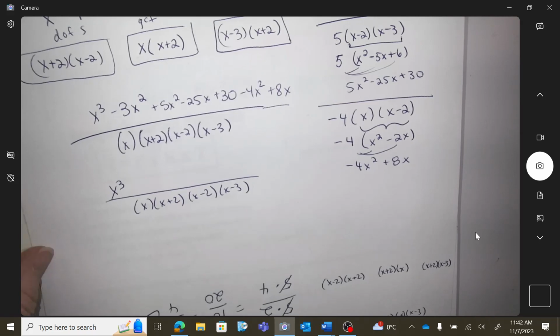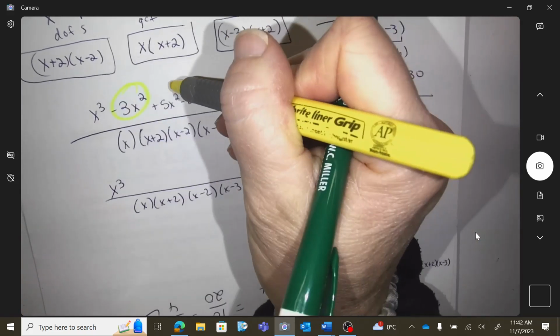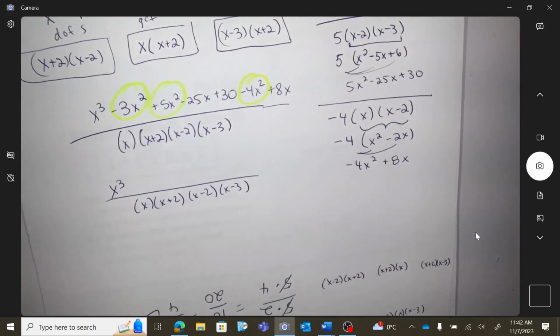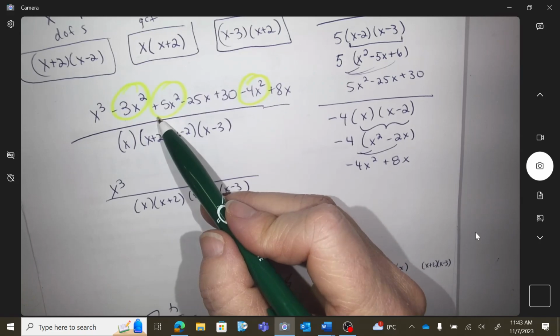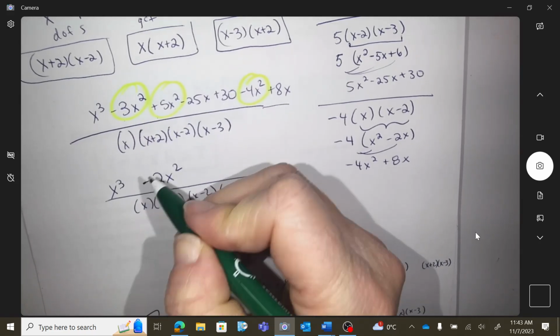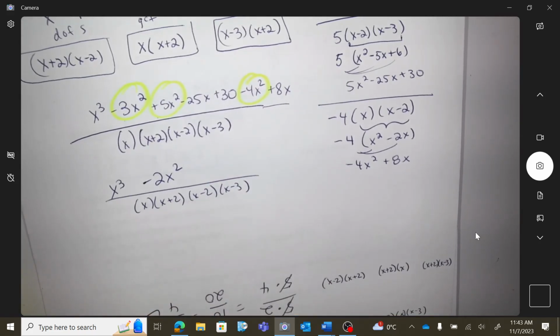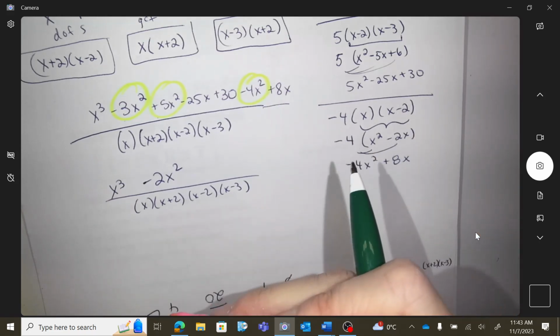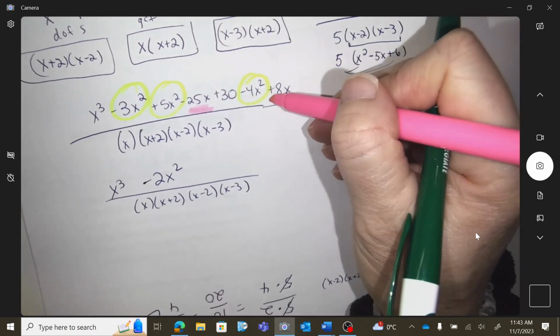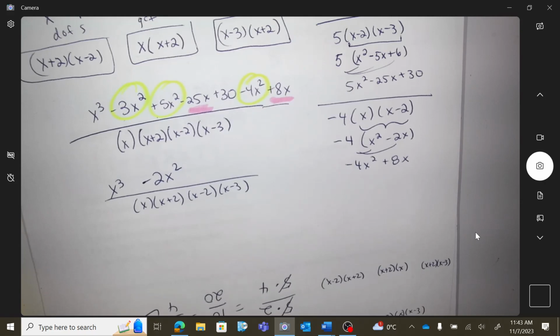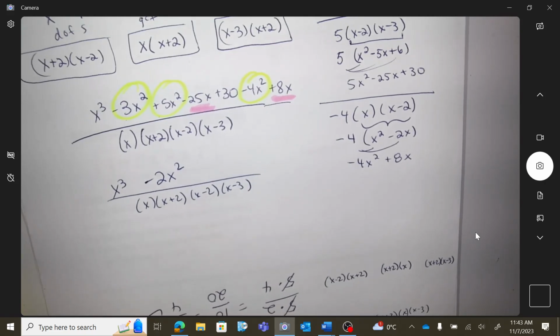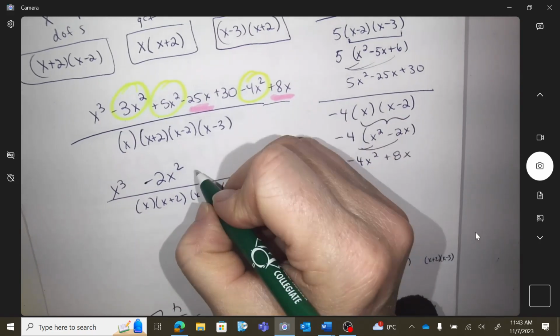Okay, combine stuff, we got x squareds, x squareds, x squareds. How many x squareds do we have? The x's, what is -25, and then we would have to add 8.